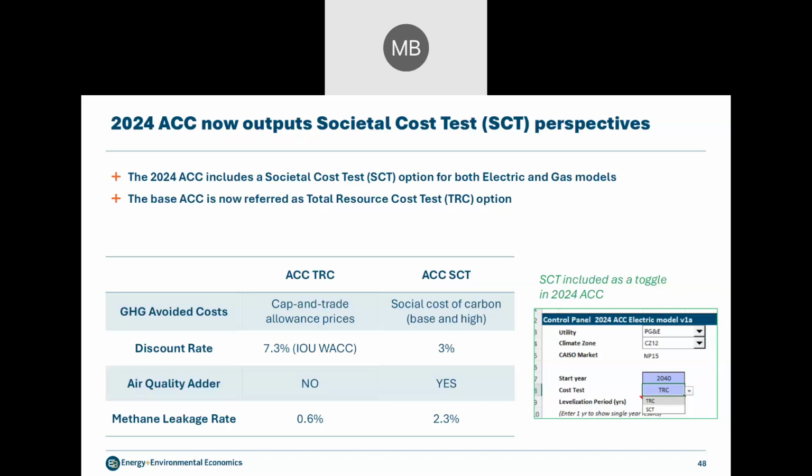So that is an excellent comment. Yes, because whatever value you start with, you would have one level for that value escalating over time, and then separately you would look at the rate at which you are discounting that over time, and the social cost test will always give you a higher future value because it doesn't discount it as much. Thank you.